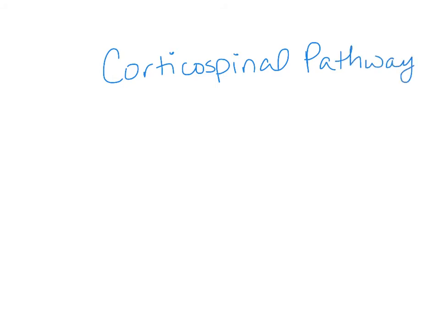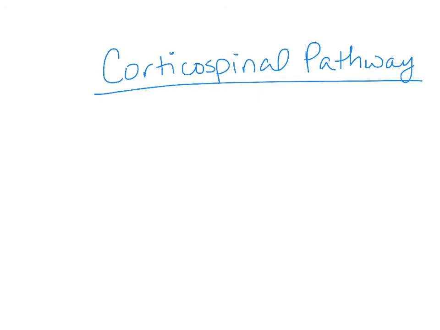In the corticospinal pathway, there are three subpathways, and those pathways are just basically telling you where the command is going. We have to be able to send it to where it needs to go.